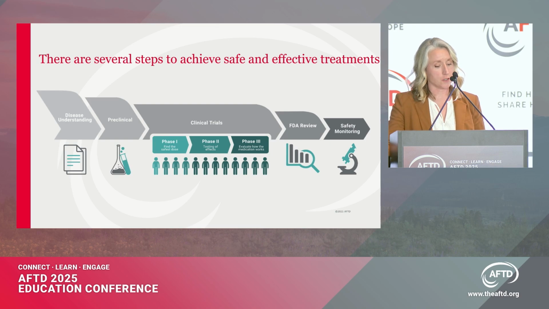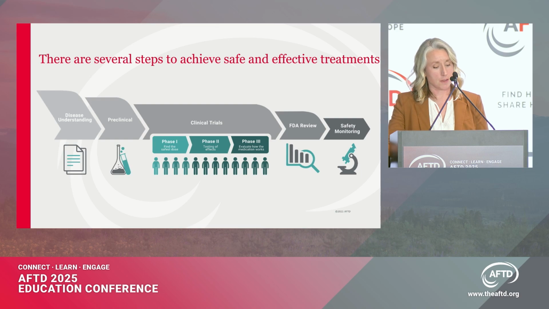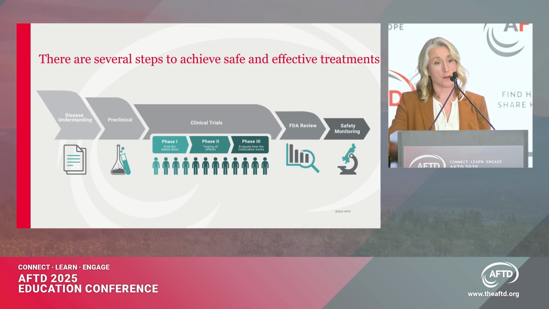Then there are the preclinical stages where potential therapies are tested in test tubes, cell culture, and animal models of the disease. And if a therapy looks promising from these preclinical studies, it will then be tested in clinical trials, and a clinical trial includes several different phases where safety, effectiveness, and mechanism are evaluated.